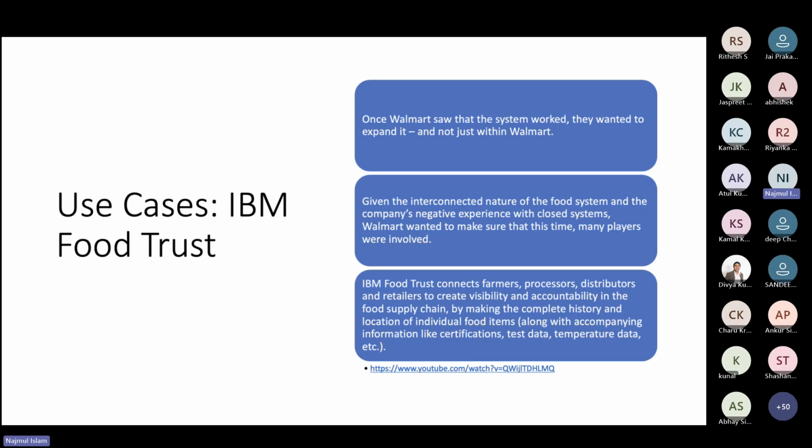So as you can see, you can connect all these participants, all these stakeholders, and not only that, you can upload the certifications and even different types of data like weather conditions, temperature data, everything. For instance, some companies transfer food from one city to another, and they need to maintain a certain temperature to make sure that the food is not rotten.